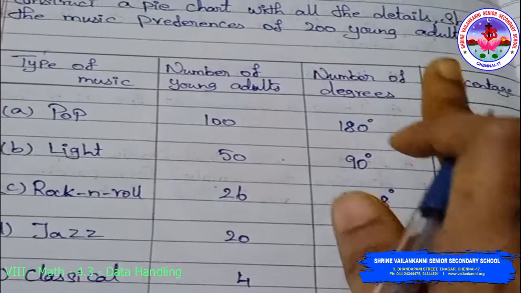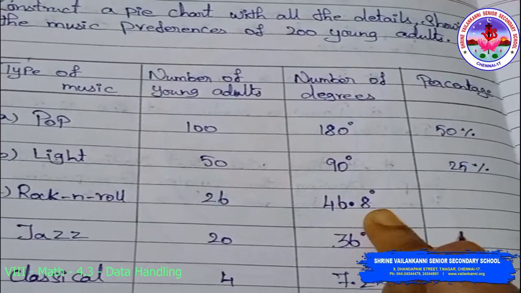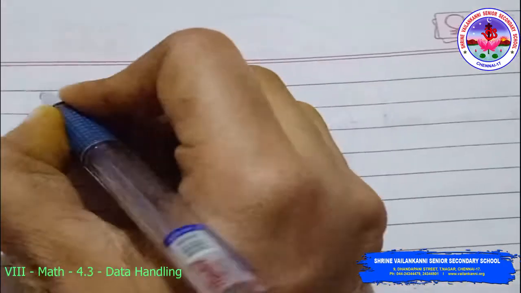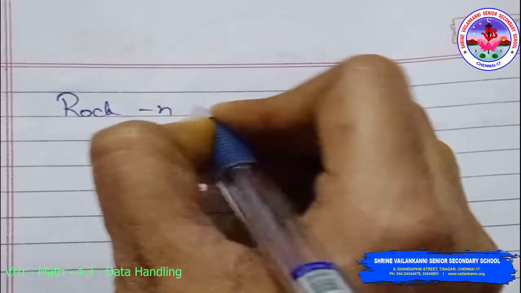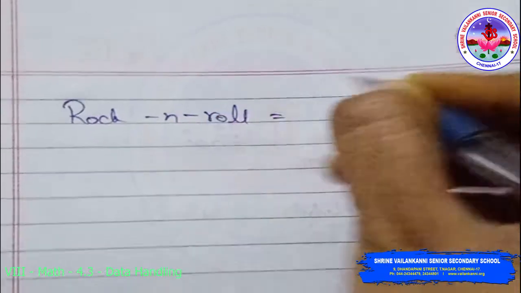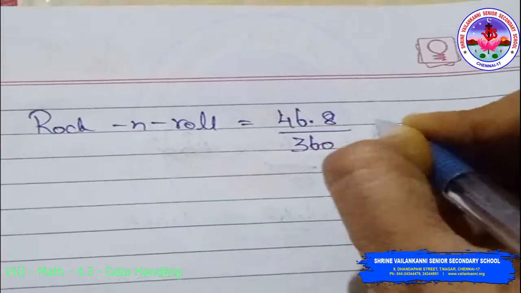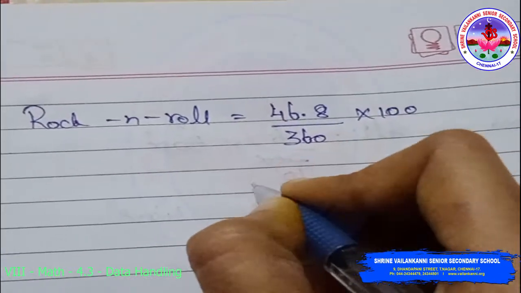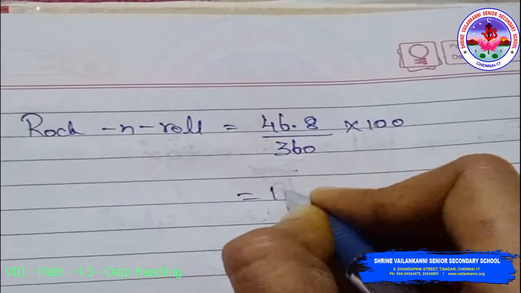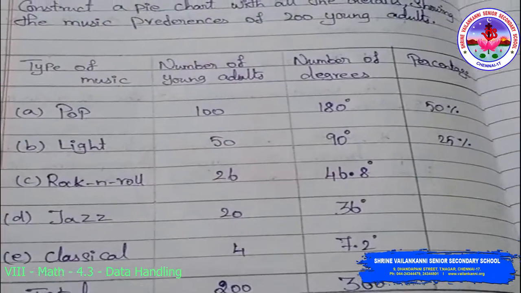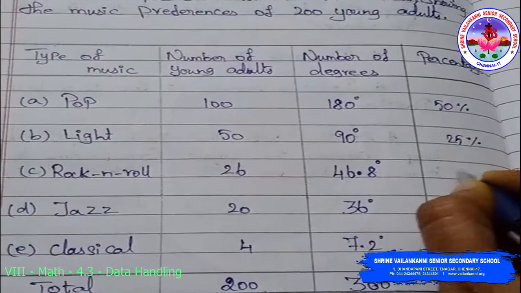The next one is rock and roll. Here the number of degrees is 46.8 degrees. Rock and roll is 46.8 divided by 360, times 100, is equal to 13%. Rock and roll, the percentage is 13%.